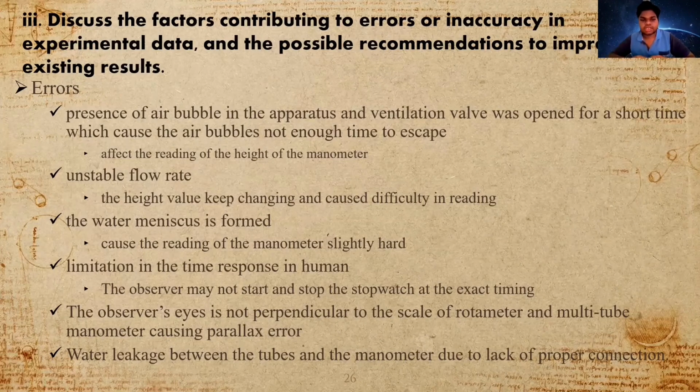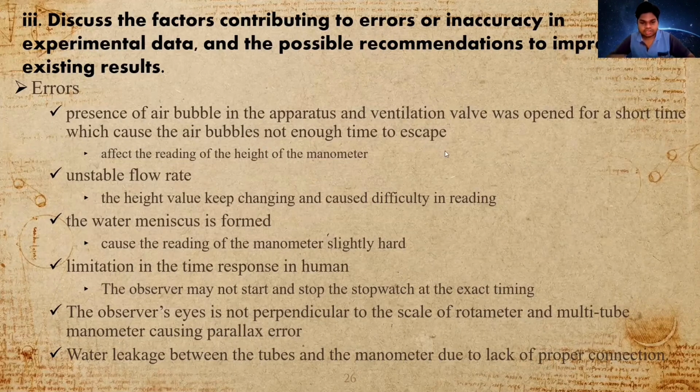This can affect the reading of the height of the manometer. Secondly, the unstable flow rate, where the height value keeps changing and causes difficulty in reading. Third, the water meniscus that is formed makes the manometer reading slightly hard to read.